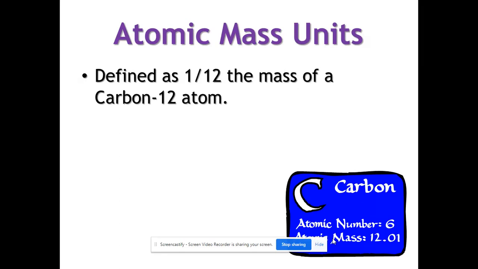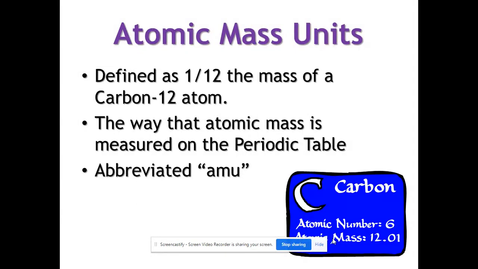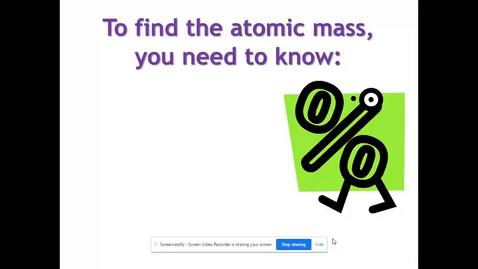Because we knew that carbon was about 12, 1/12 is about 1, and that's where that comes from. This is the way the atomic mass is measured on the periodic table, abbreviated AMU. Really, it's just 1/12, which is basically 1, and that's our starting point.